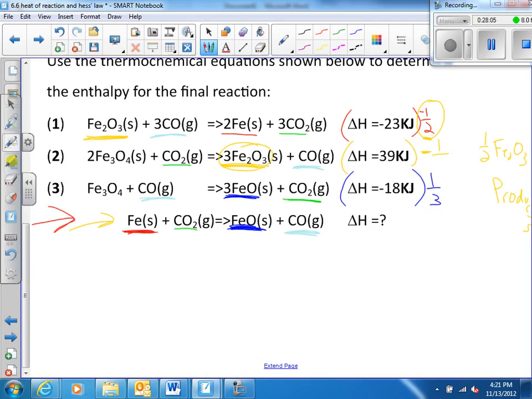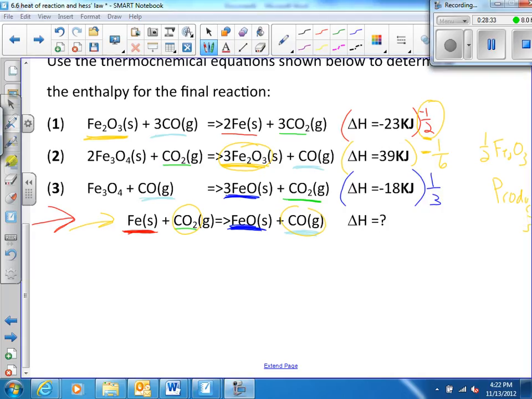One sixth. That seems really strange, because 3 divided by 6 is 1/2. Wow, this is really ugly. But now I've used every reaction once, so I'm not going to worry about the CO2 or the CO. I'm just going to hope that they all work out. Let's see if this all works.